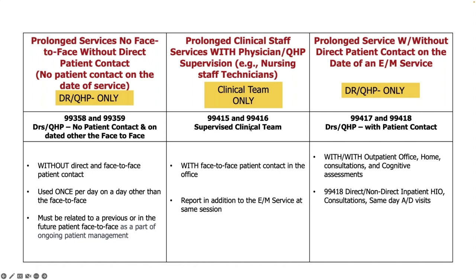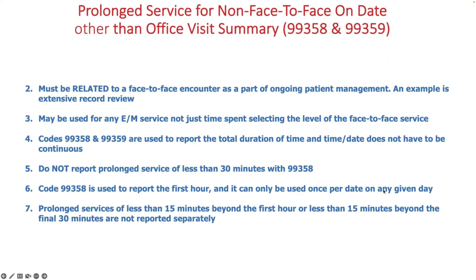Your clinical team, they have their codes 99415, 99416, and these are used in addition to the doctor visit, and these are coded on the date of the visit. And finally, 99417, 99418, these are used on the date of the visit, and these are used by your doctor and QHP.